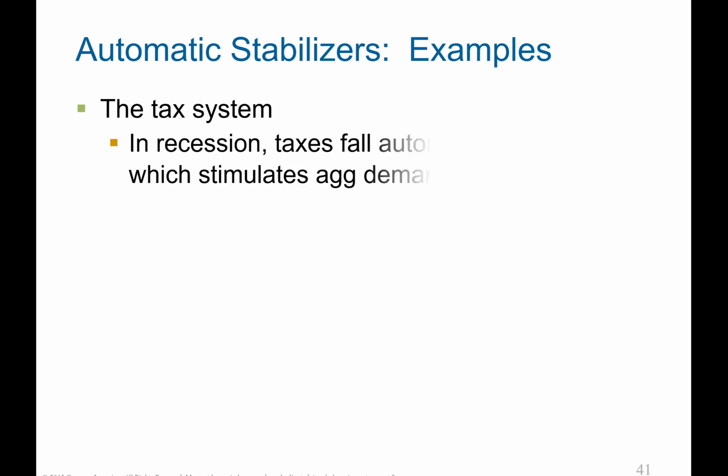So there are things like the tax system. We have a progressive tax system that automatically, in times of recession, causes taxes to be lower, and when there's better conditions, taxes go up. So they serve to balance things without having to change the law. So the tax system, being a progressive tax system, achieves that.